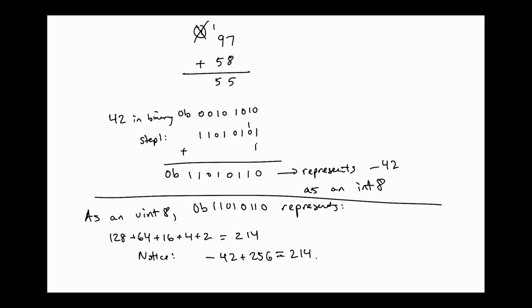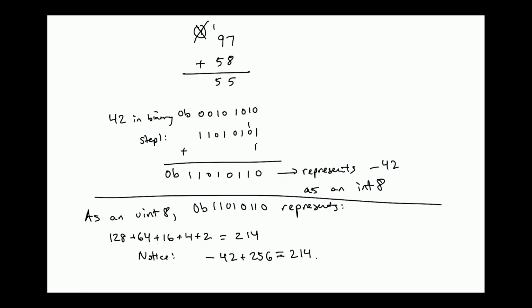That means negatives could be possible. uint 8 means unsigned, hence the U, in which case there are no negatives. So if I handed you this binary pattern and I said, what is it as a uint 8? It would be 214. As an int 8, it's minus 42. So the same bit pattern represents two different things. It just depends on which system.